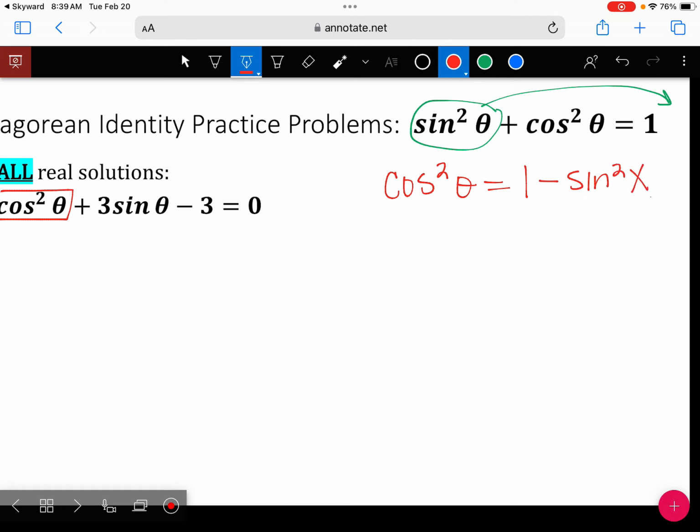You can rearrange this two different ways. You can rearrange it as cosine squared equals 1 minus sine squared, or you can rearrange it as sine squared equals 1 minus cosine squared. I'm going to have you all write that down. That's two different ways to rearrange that identity.